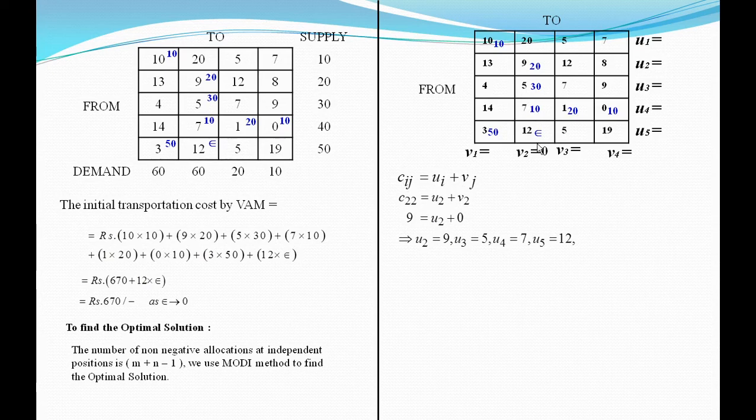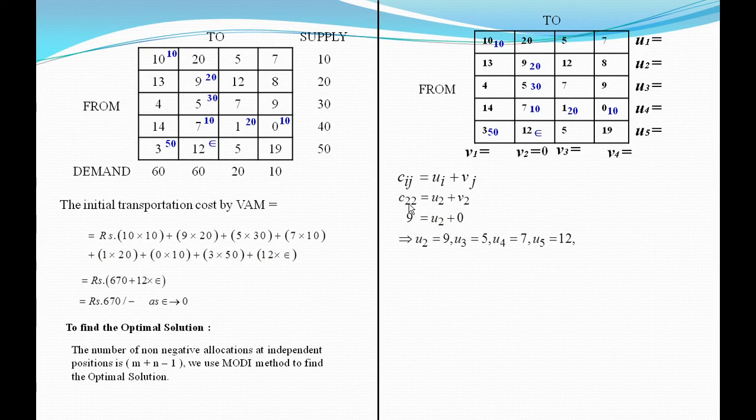What is the position of this allocated cell? It's cell 2 comma 2, counting 1 comma 1, 1 comma 2, 1 comma 3, 1 comma 4, 2 comma 1, 2 comma 2. Cell 2 comma 2 is u2 plus v2. You know v2 is 0.